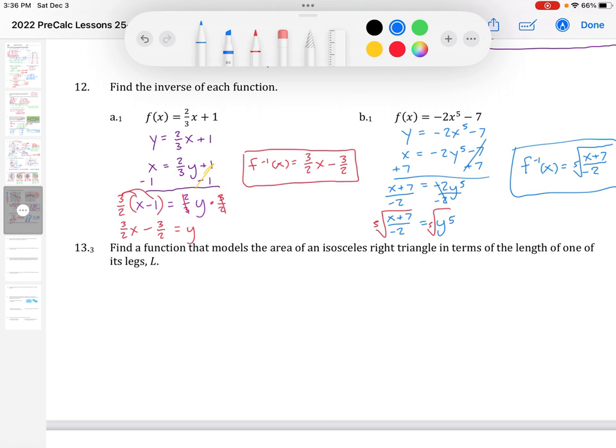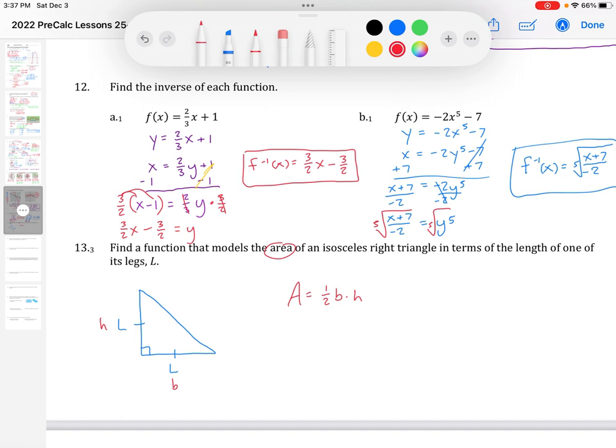In number 13, they want us to find a function that models the area of an isosceles right triangle in terms of the length of one of its legs, L. An isosceles right triangle is a right triangle that has both of these legs equal to each other. So if this is L, this is L. And we're talking about area here. An area of any triangle is 1/2 base times height.